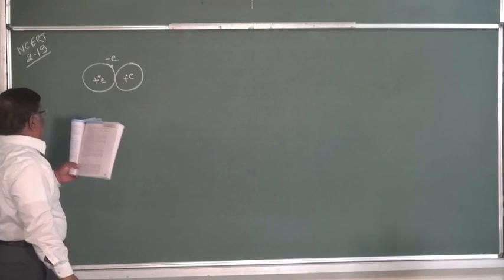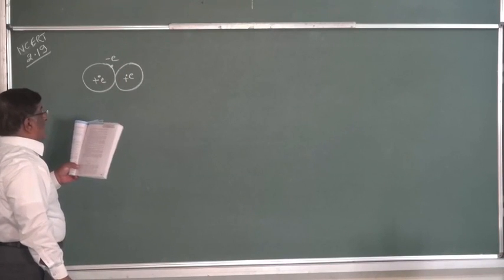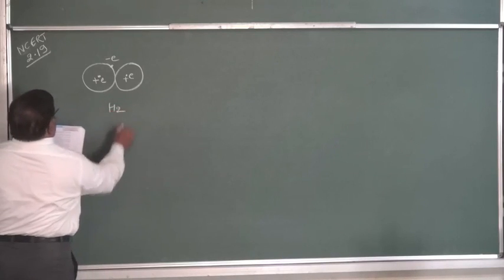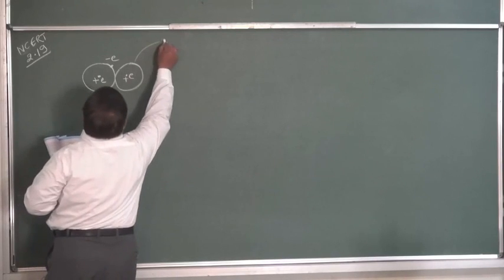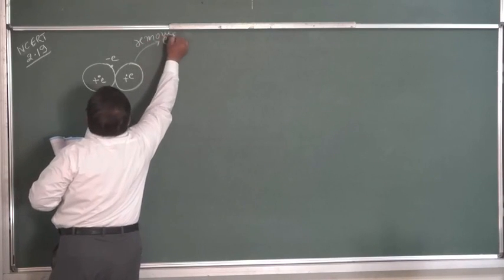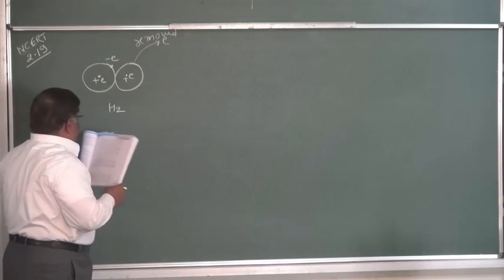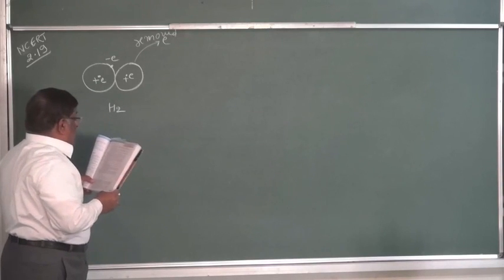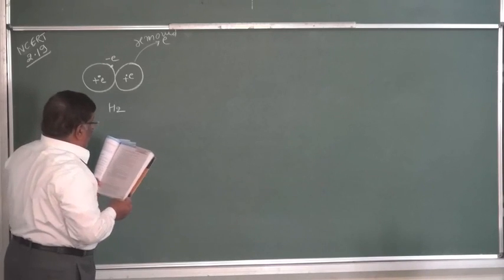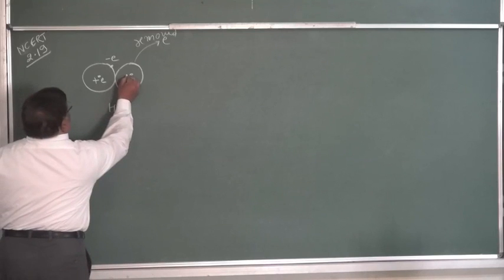Okay, listen. If one of the two electrons of H2 molecule is removed, in the ground state of an H2 plus, the two protons are separated by 1.5 angstrom.